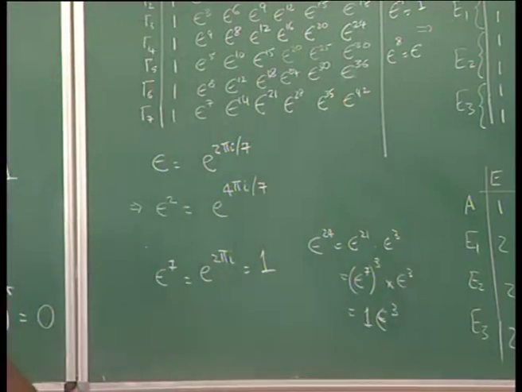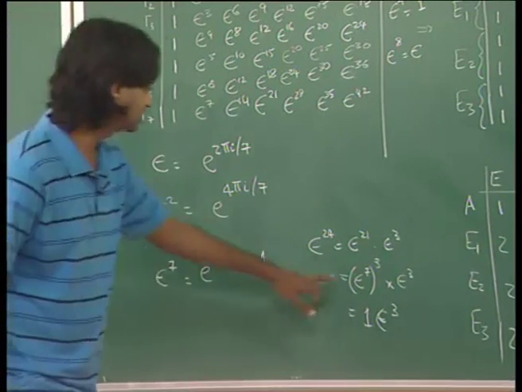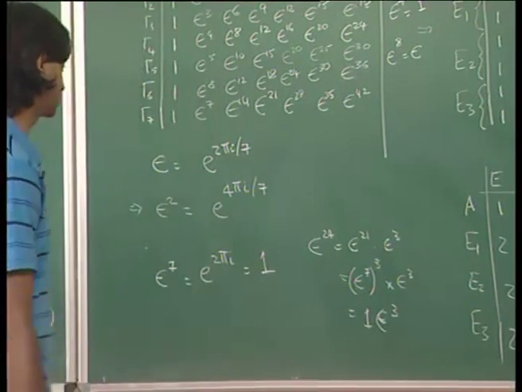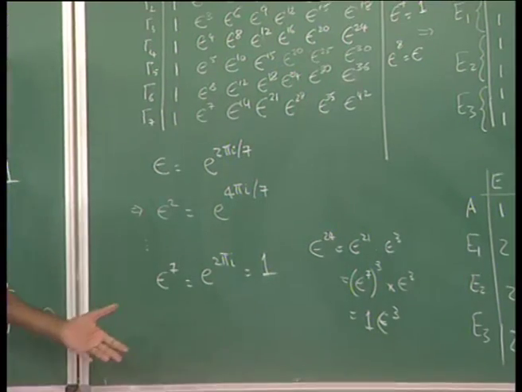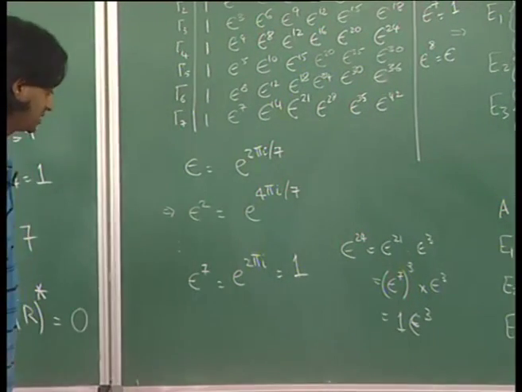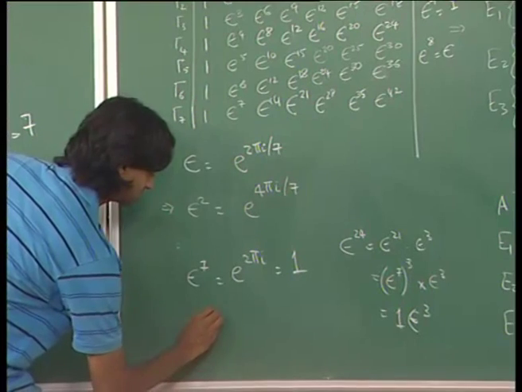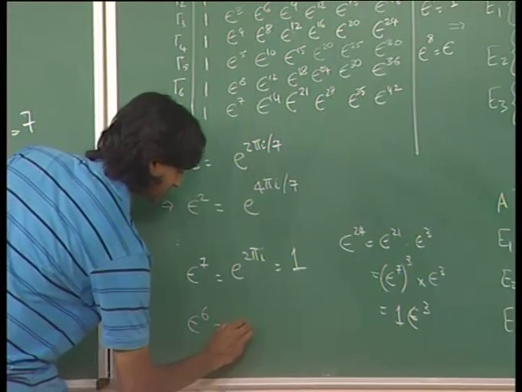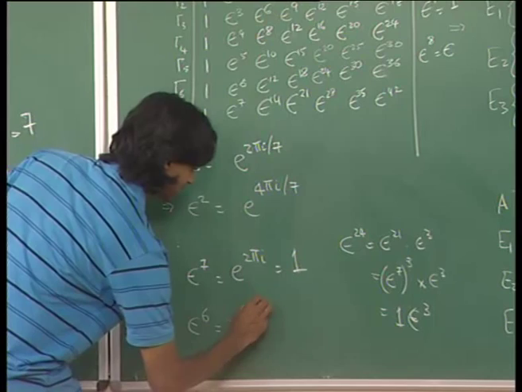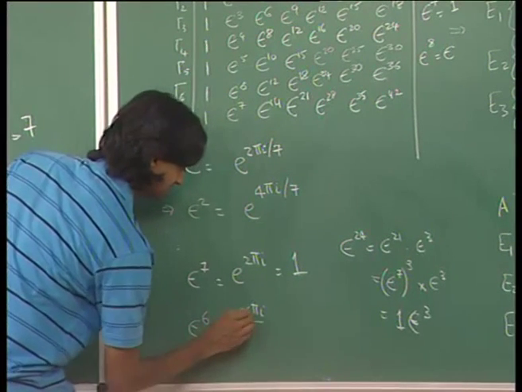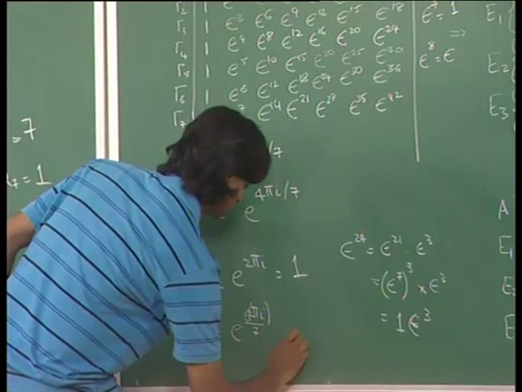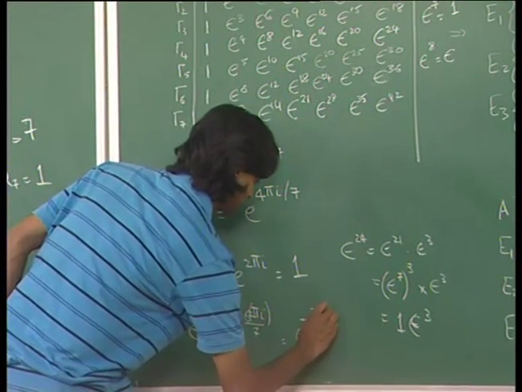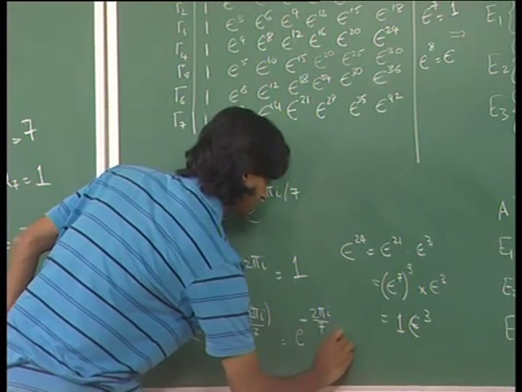Okay. So, you can express all the numbers in terms of epsilon powers which are less than or equal to 7, less than or equal to 6. Further, you can do one more manipulation. Epsilon raised to 6 is equal to e to the 6 into 2 pi I by 7, which is equal to e to the minus 2 pi I by 7, which is equal to epsilon star.